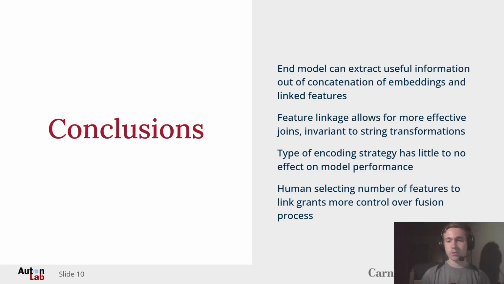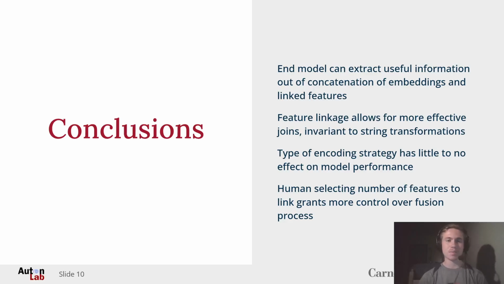So what can we conclude from this work? The end model can actually extract useful information out of the pipeline result. This feature linkage algorithm allows for more effective joins, and it's pretty hardy to string transformations, uppercase, lowercase. Some methods use string metrics, so it gets a little bit more information.